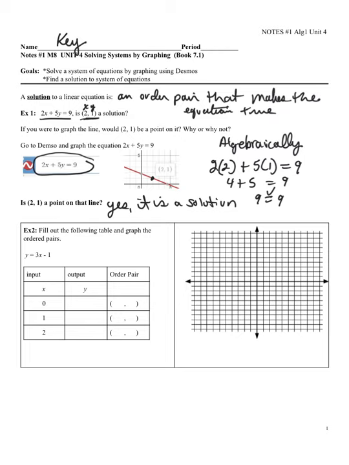Now, let's go back to graphing by hand, okay? We're going to start out with y equals 3x minus 1. The inputs are going to be our x's, and the output is the answer, or our y's. So in order to solve this, we're going to plug in.